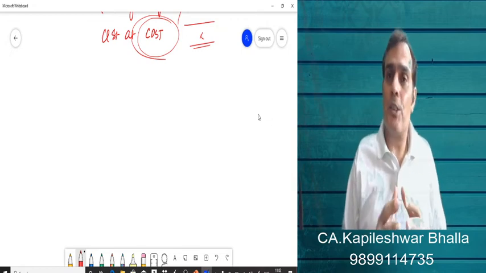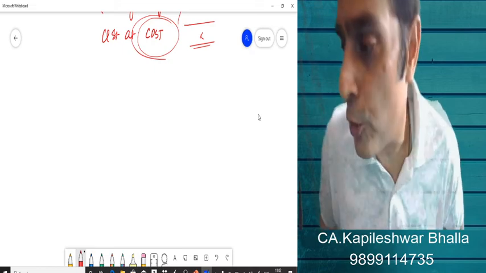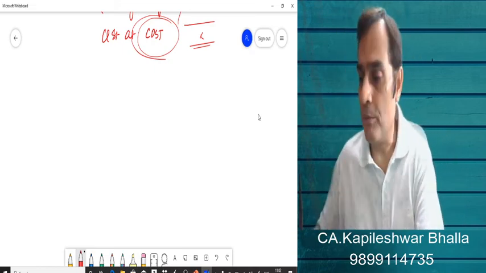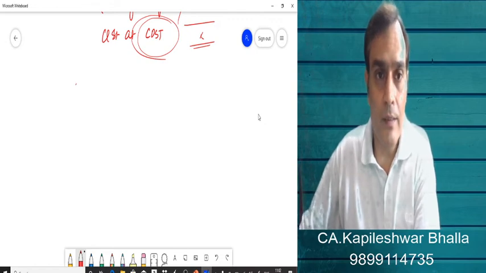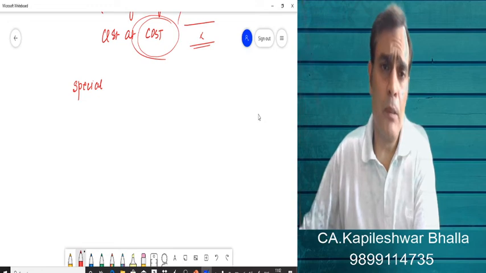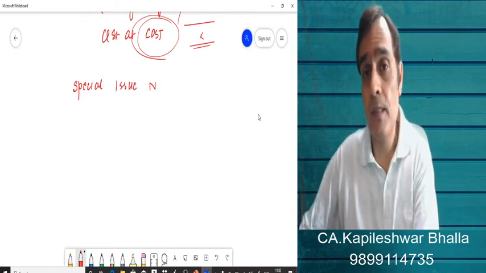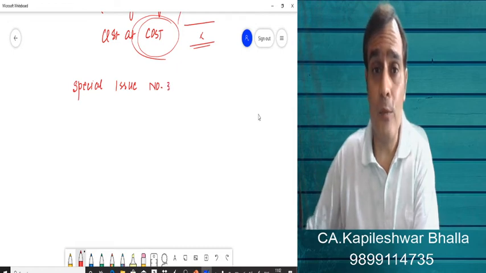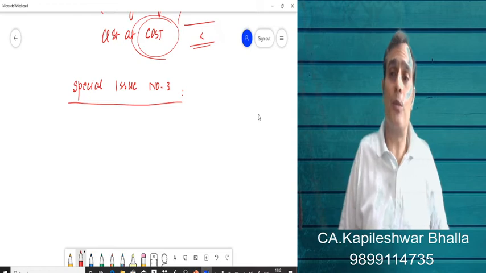My mind is now working on a chart like this. I'll draw a chart on special issue number 3 with you. So we are on special issue number 3. Do we get any questions on this kind of area? Well, unfortunately, till now there have been no questions in the exams on this area, even in the old codes.